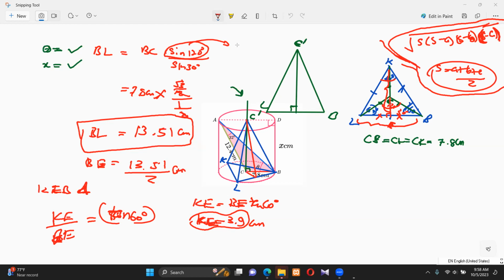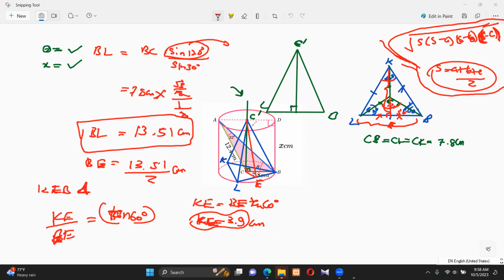Right, okay. There are a couple of ways to find this C prime E, but we have to follow the easiest method, right? Someone can consider the C prime C E triangle, it's a right triangle.